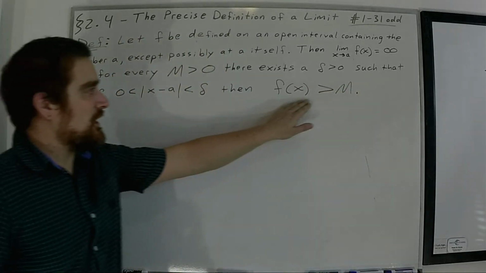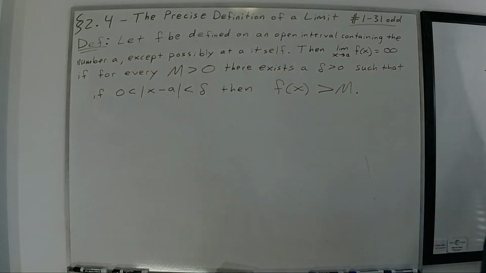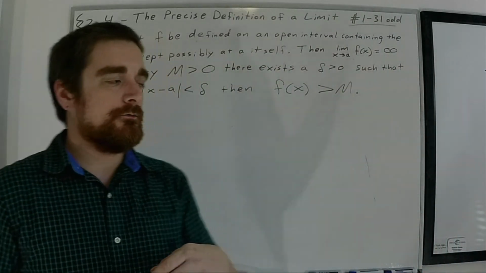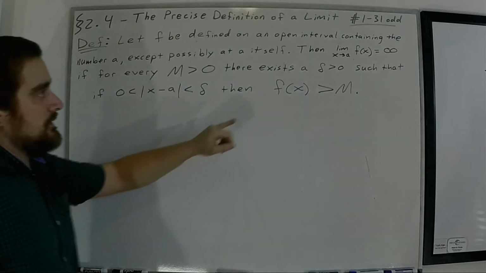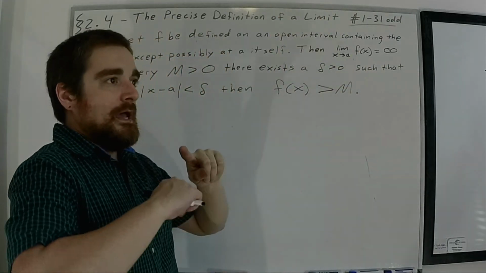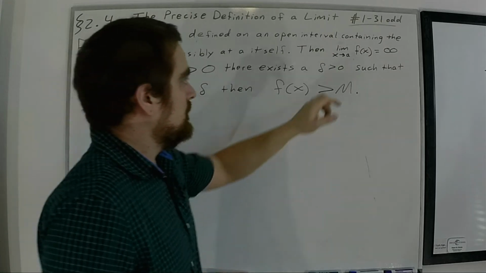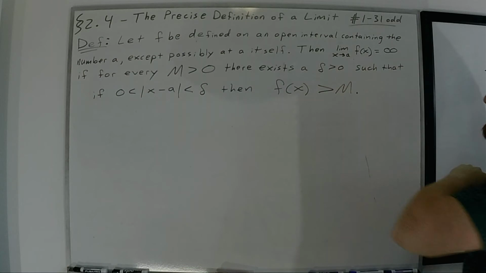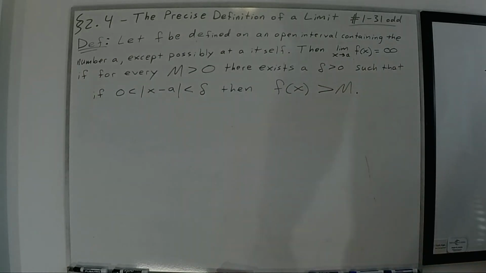So you can see this changed a little bit from the previous definition where we talked about this number capital L for our limit. Now we're saying that the limit as x goes to a is going to shoot off to infinity. And analogously, you can change this to show that the limit as x goes to a of f of x equals negative infinity.